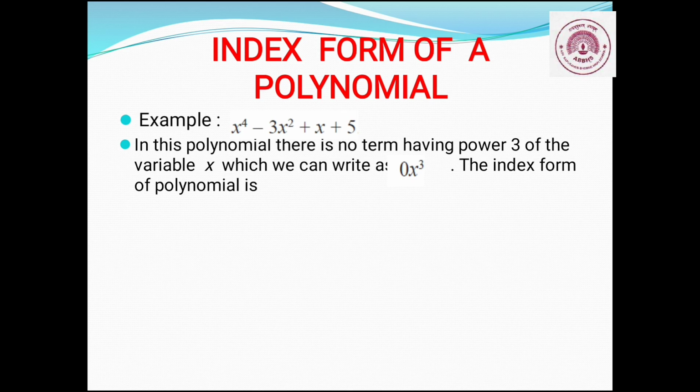It can be added to the polynomial and it can be rewritten as x raised to power 4 plus 0x cube minus 3x square plus x plus 5, which is the index form of the given polynomial. Let's see one more example.